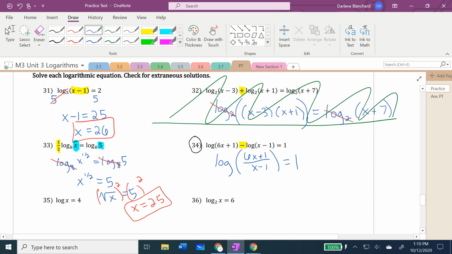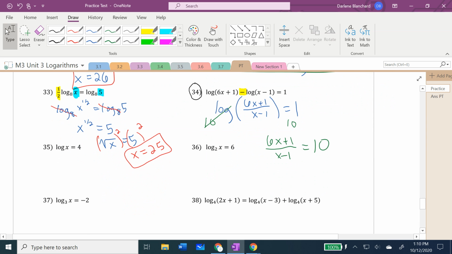And then that's an understood base 10. When it's not written, it's understood to be base 10. So if I 10 to the power, that will undo the log. Then I have the fraction inside the logarithm being equal to 10 to the power of 1, so it equals 10.